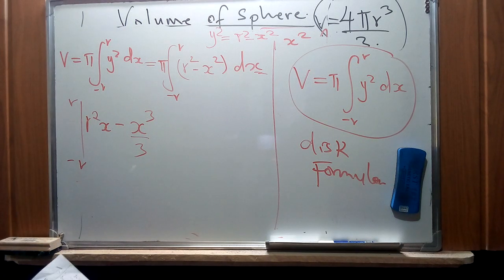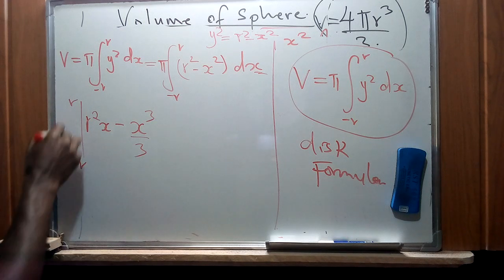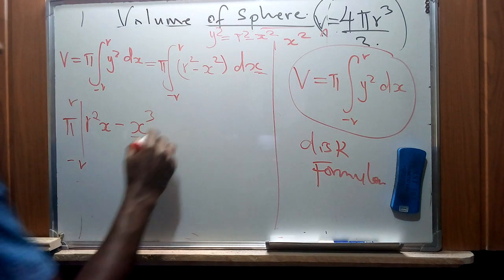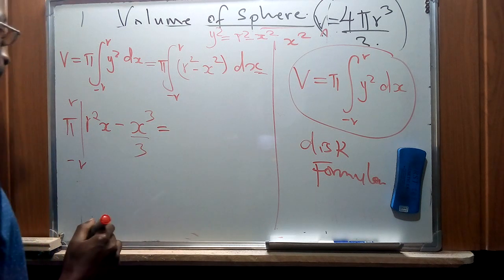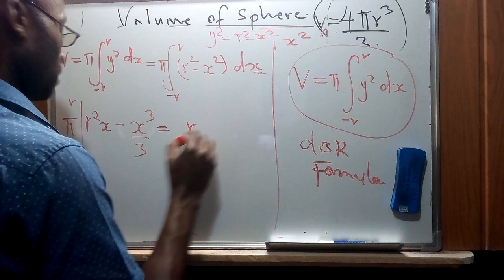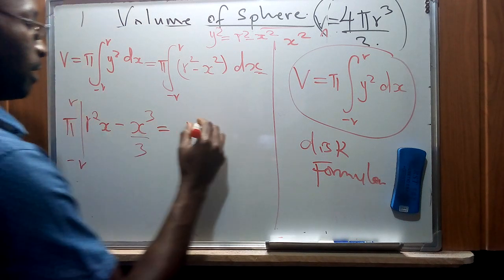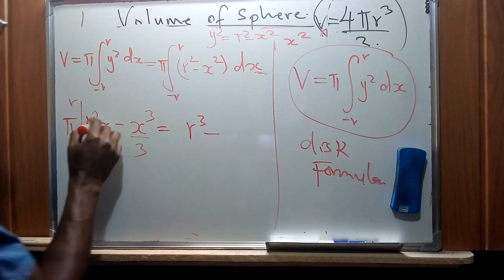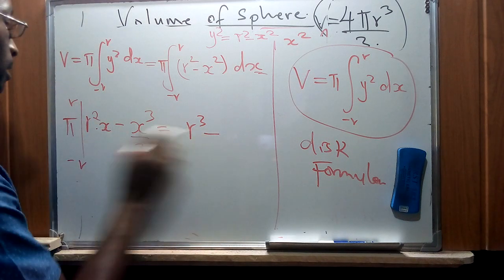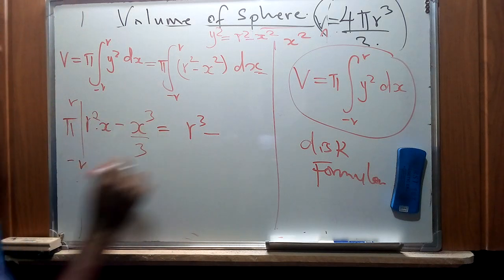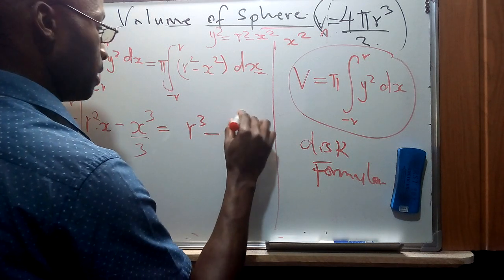Of course, there's a pi outside. Doing a substitution for x equals r, we get r squared times r, which is r cubed, minus r cubed over 3.